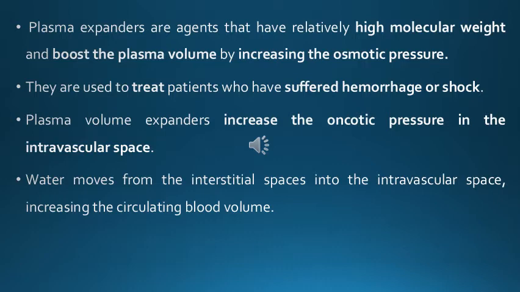They increase the osmotic pressure in the intravascular space. So whenever you inject this plasma expander, water moves from the interstitial spaces into the intravascular space and they thereby increase the circulating blood volume, which is what is required in case of blood loss.